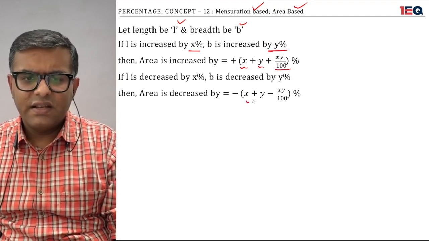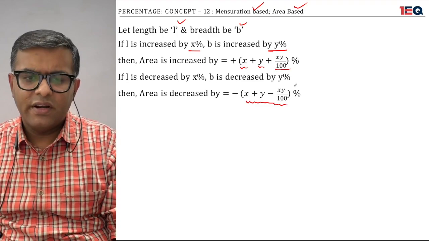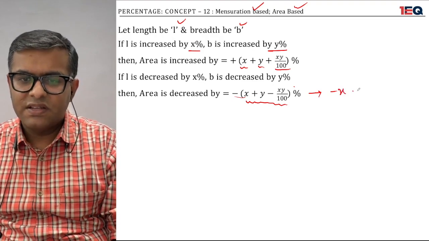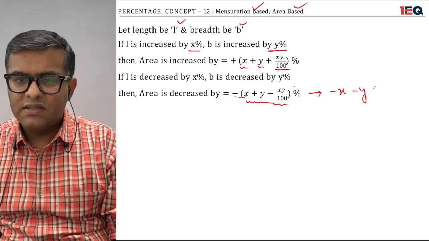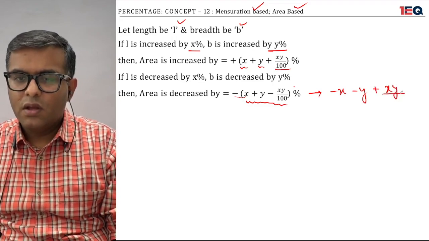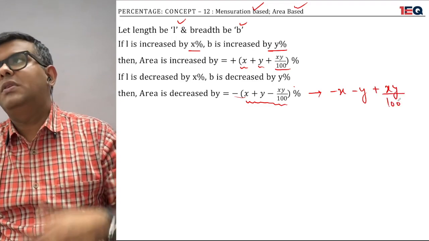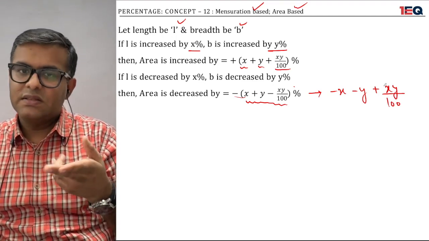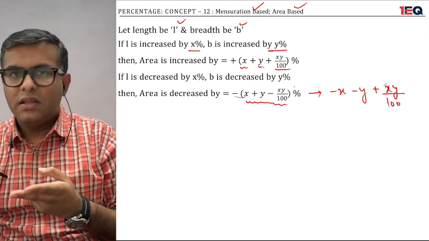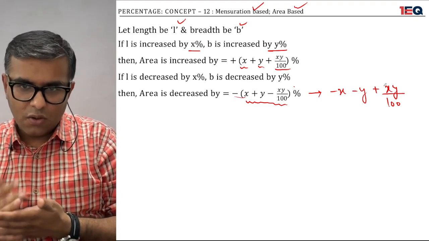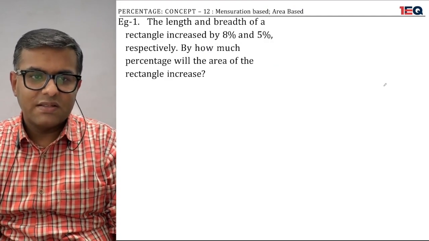If there is a decrease, then it is minus X minus Y plus XY, because two minuses, when they get multiplied, cut each other off and produce a plus sign.